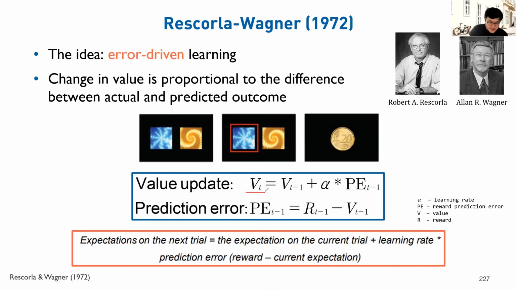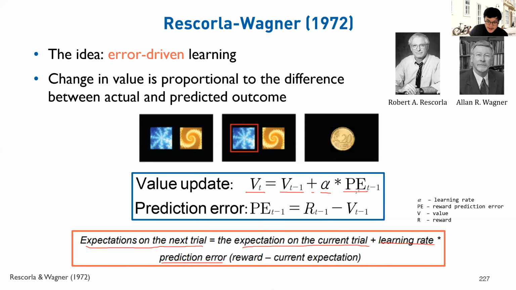V of t is the expectation on the next trial, equals the expectation on the current trial, t minus 1, plus the learning rate, multiplied by the prediction error. Let's just call the prediction error PE, okay?